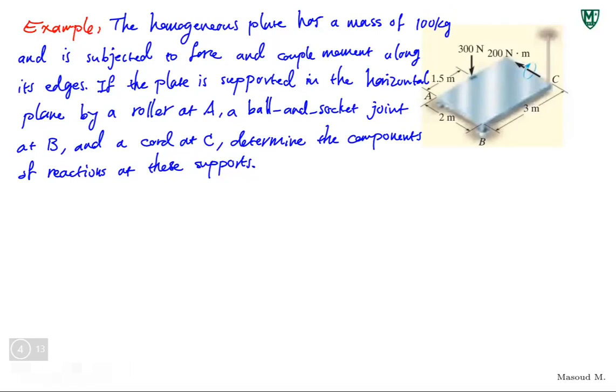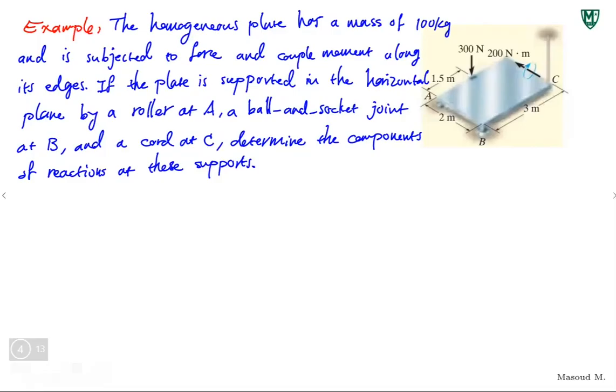And it says homogeneous. The reason you see the word homogeneous, it means when we have a homogeneous plate, the point that the mass or the weight, one of the forces we have to take into account, weight has to be applied is exactly in the center, right? Because it's symmetric.